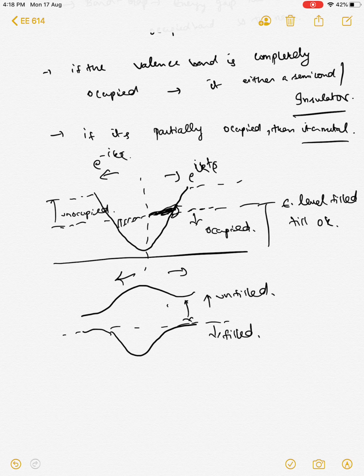Now if this gap is much larger than kBT, or the temperature which is under consideration, it is called an insulator.